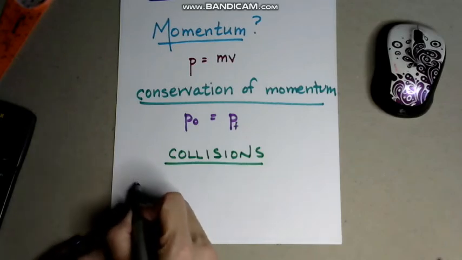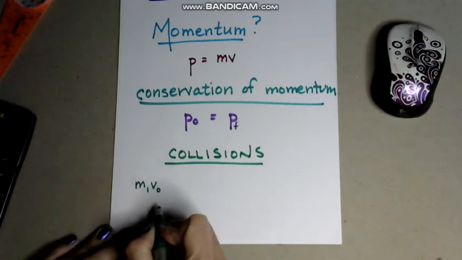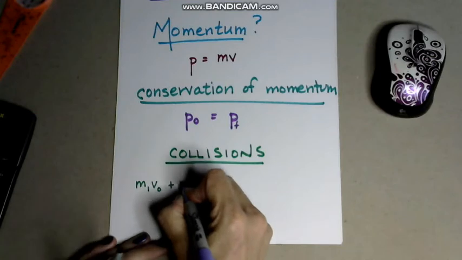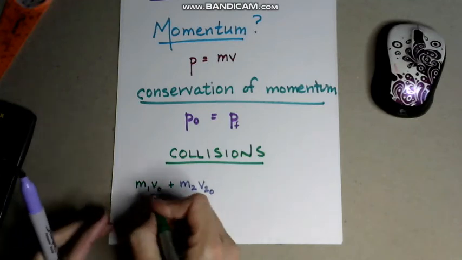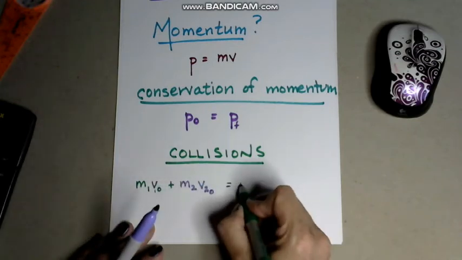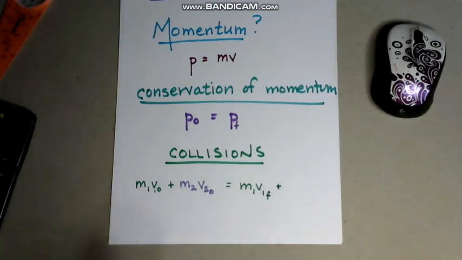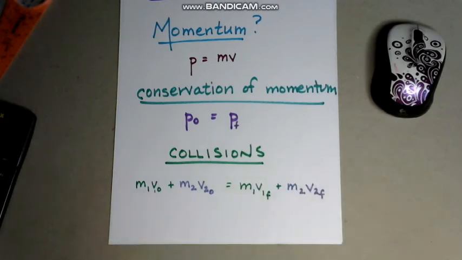So in general, I can always say that my M1 V1 initial plus my M2 V2 initial, I should say V2 initial, is going to equal my M1 V1 final plus my M2 V2 final. That's always true. So now how can we apply this to the different types of collisions that we have?